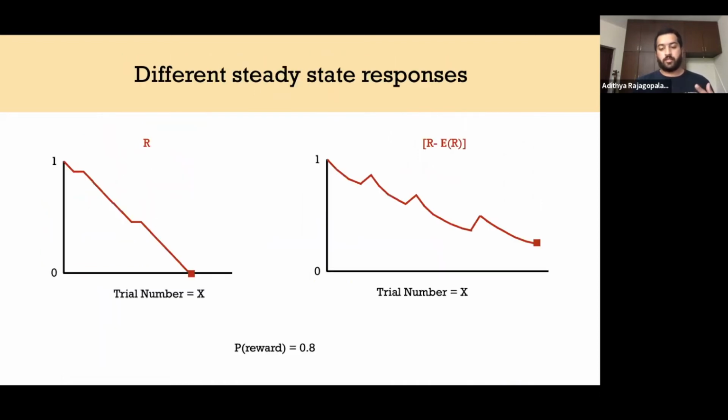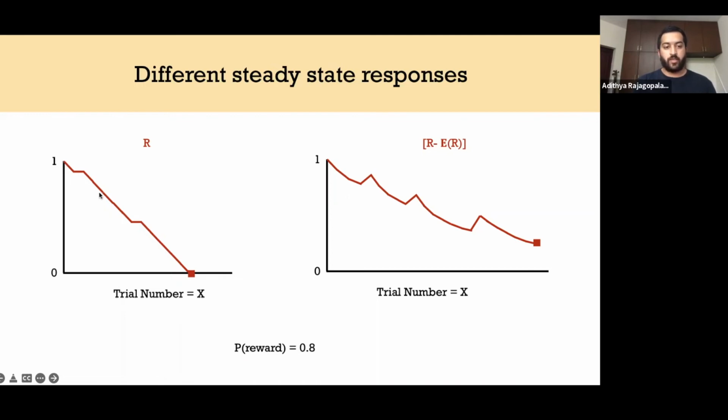And just to emphasize the difference between these two rules: in a rule where you just have a reward, and we know that the synapses get depressed when dopamine neurons and Kenyon cells are co-activated, you would never see any increases in your synaptic weight over time.